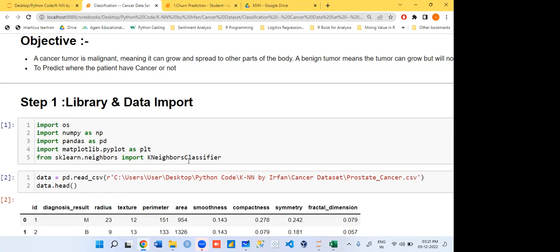That is called a benign cancer. And if you treat your lungs and the cancer has shifted to another part of your body, that is called a malignant cancer. So this is a very critical cancer where people have a very low recovery rate. So we need to predict what is the chance that a person will have a malignant cancer.